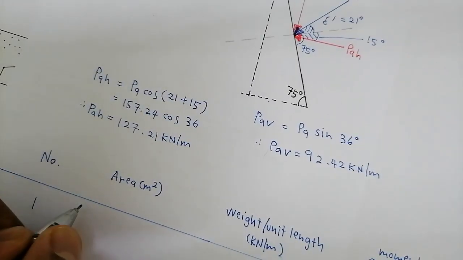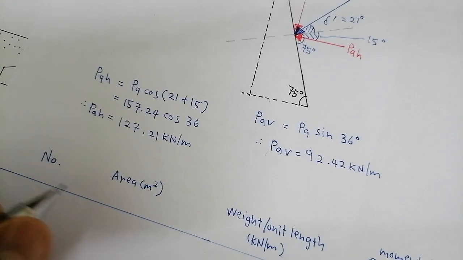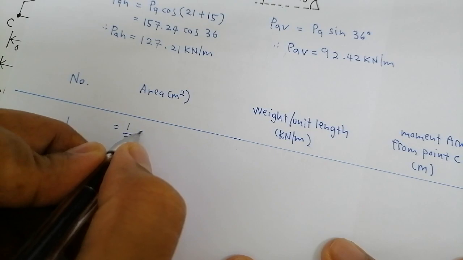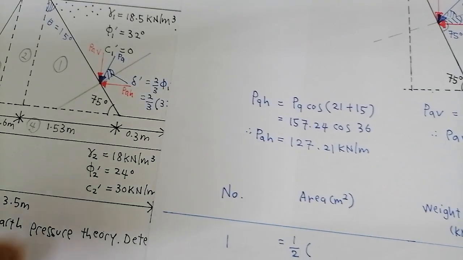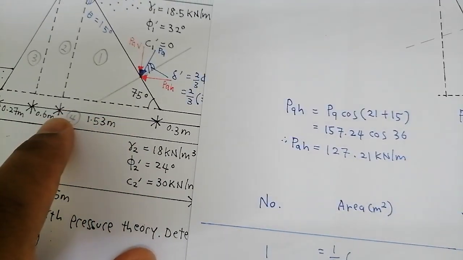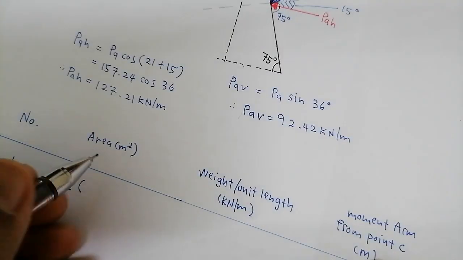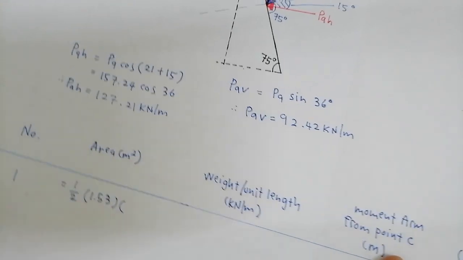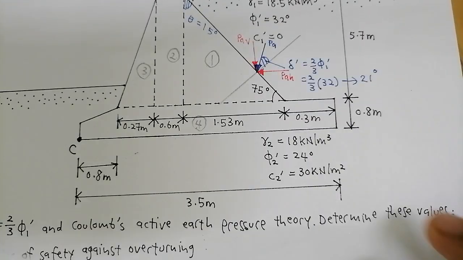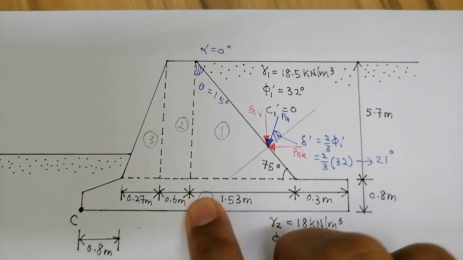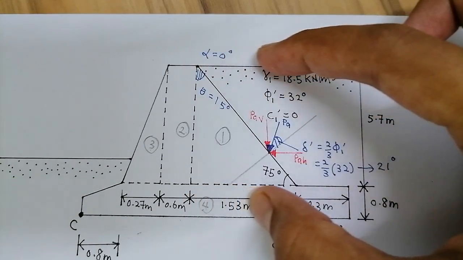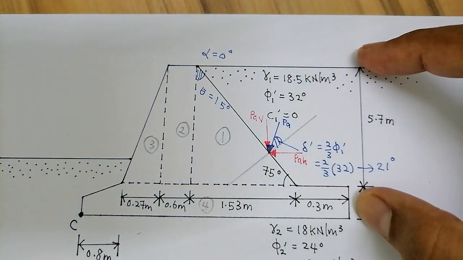So the area is half times the base, which is 1.53, and the height is, this is the height from here to here, 5.7 meter.